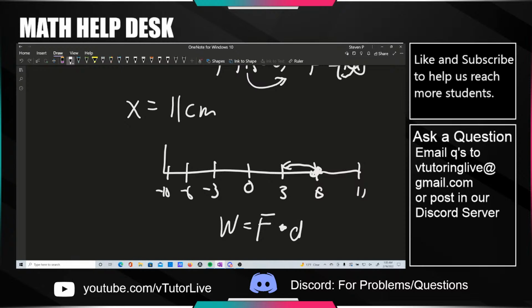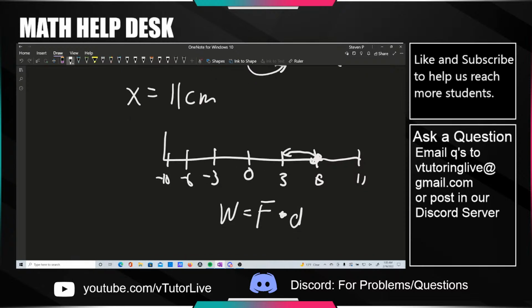And again, you just have to be careful about the sign because in this particular case, the force is pulling it backwards towards equilibrium, and the displacement is also in that direction. So they're both negative, in the negative direction, so that cancels out and gives you positive work, right? It's basically saying the spring is stealing kinetic energy from the block and storing it into its own spring potential energy.